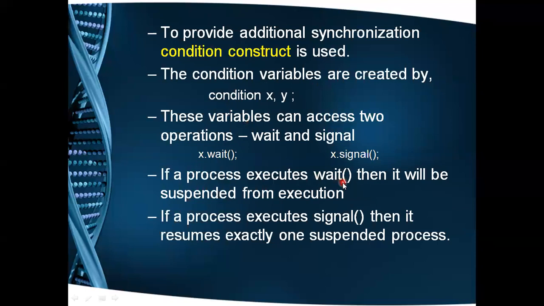If a process executes x.wait, that process will be suspended from execution, immediately stopped. Similarly, if any process executes signal, it resumes exactly one suspended process. Whenever we execute signal, some waiting process will already be there, and any one of them will start to execute again.